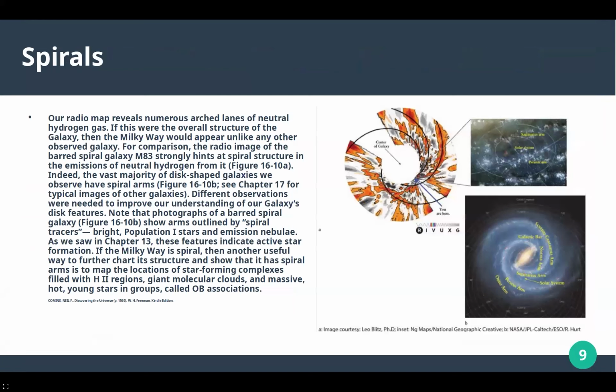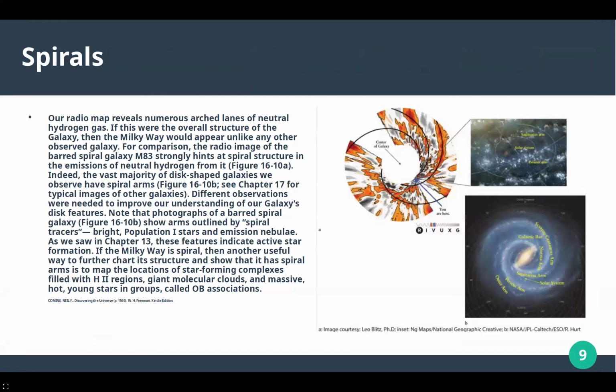Images of different observations were needed to improve our understanding of our galaxy's disk features. Note that the photograph of the barred spiral galaxy shows arms outlined by spiral tracers, bright population 1 stars, and emission nebulae. As we saw in Chapter 13, these features indicate active star formation.